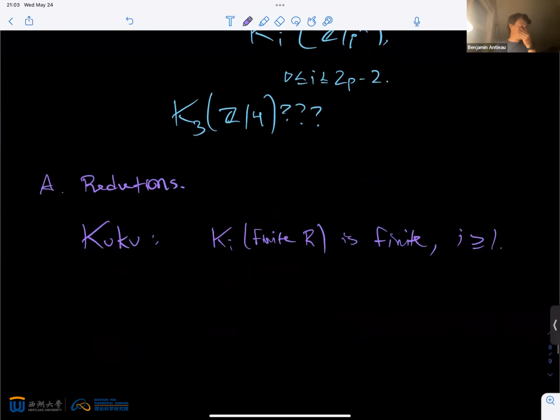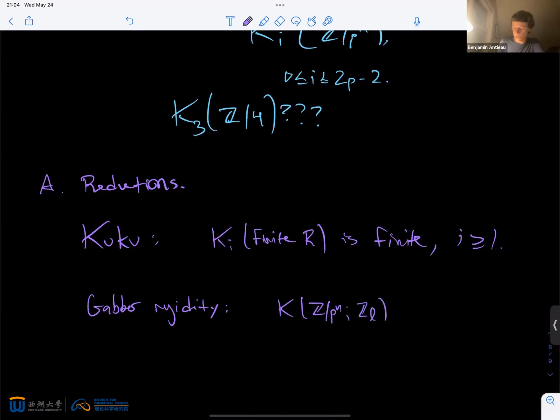Okay. So what are some other easy reductions? Gabber rigidity says, well, it's more general, but it says that the K theory of Z mod p to the n with Z mod l coefficients is the same as the K theory of F_p with Z mod l coefficients, for l a prime not equal to p.